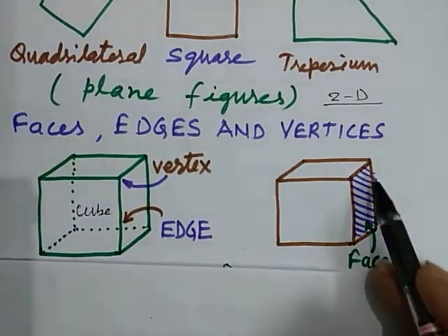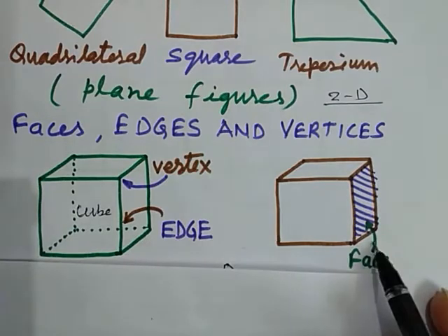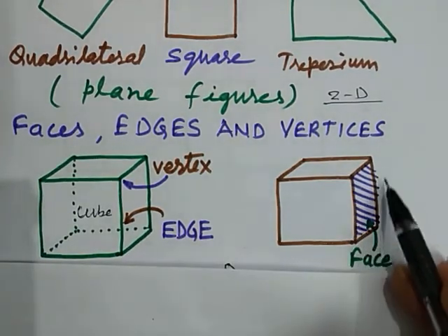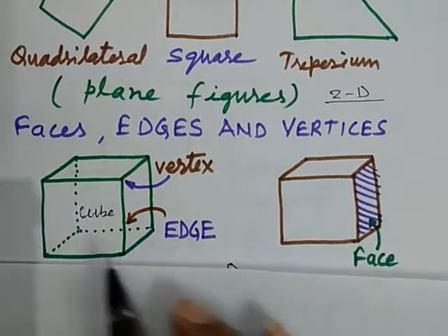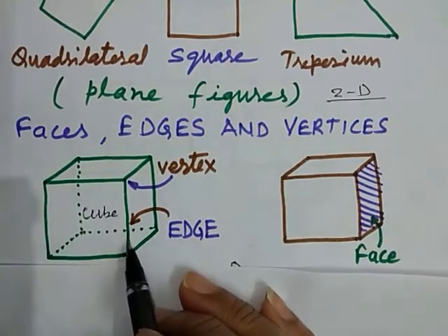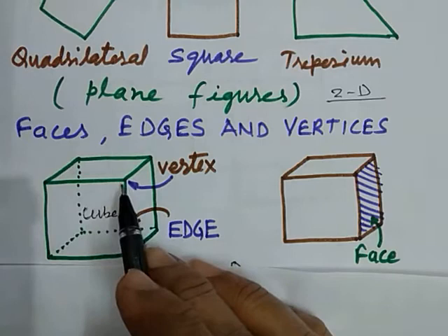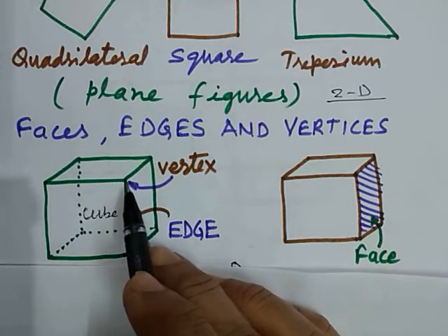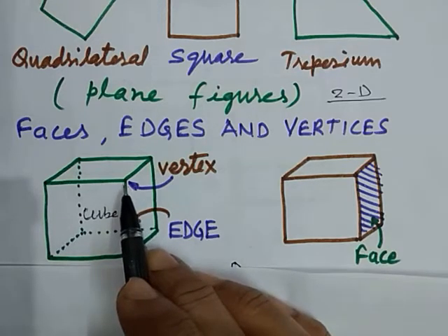This is a face, surrounded by edges on all sides. Okay, where 3 or more edges meet, that is a vertex. Okay, those are corners.